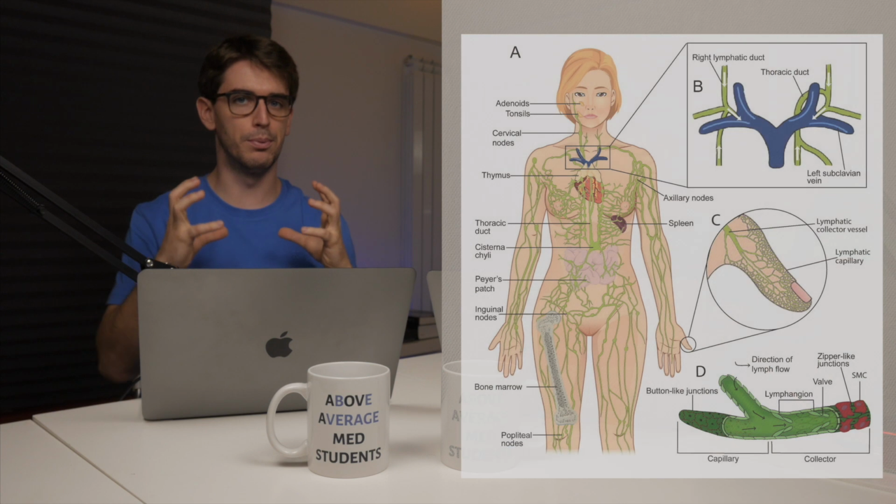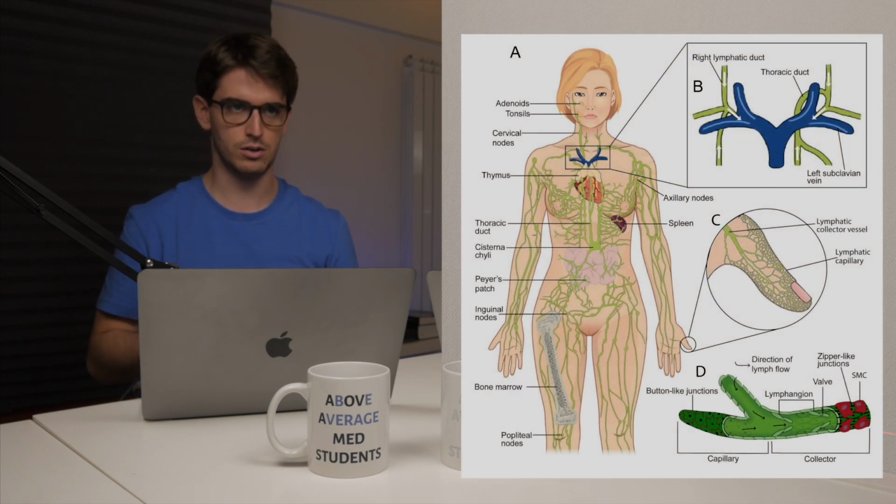In the lymphatic system. The lymphatic system is organized much as the circulation in different types of vessels, starting from smallest to largest. However, one thing that you should keep in mind is that it is not a closed loop like blood circulation.